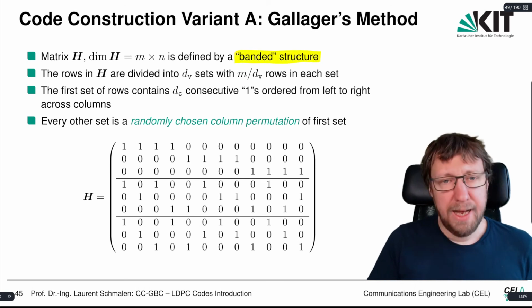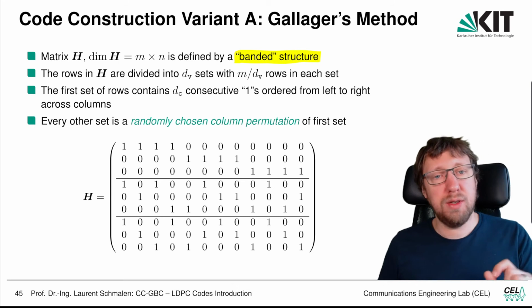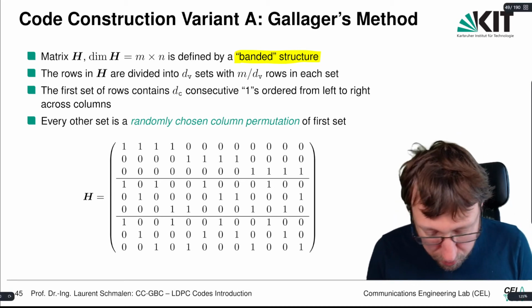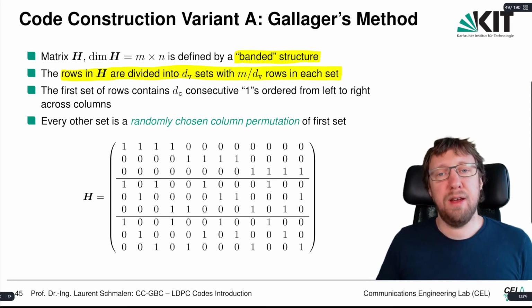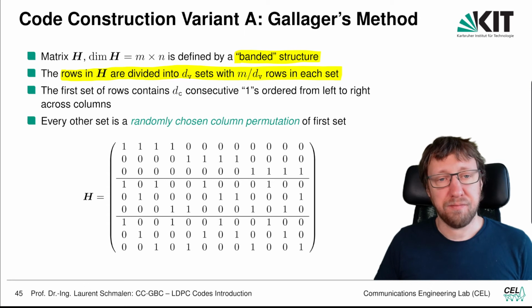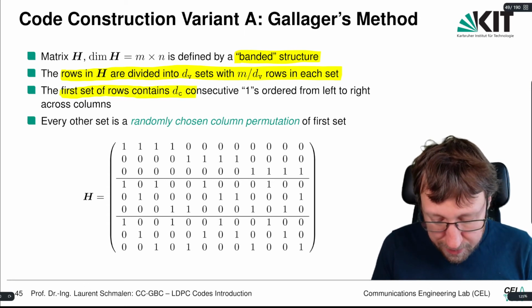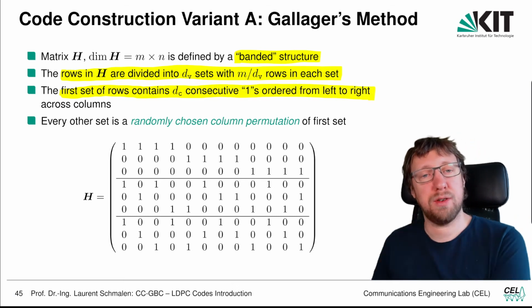The way of doing this is we divide the rows of H into dv sets with m divided by dv rows in each set. The first set of rows contains dc consecutive ones that we order from left to right across columns.